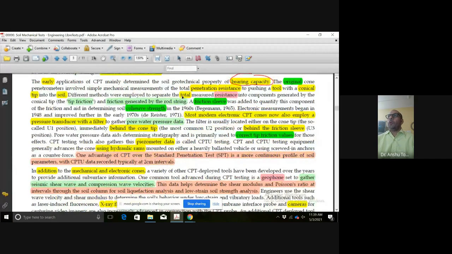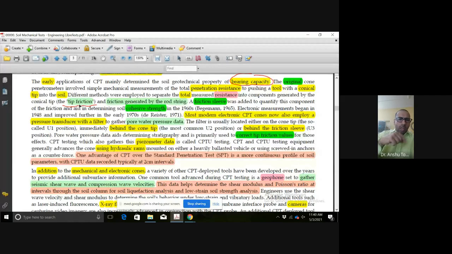Different methods were employed to separate the total measured resistance, or penetration resistance, which is a parameter to evaluate various other geotechnical engineering properties, into components generated by the conical tip and friction generated by the rod string.